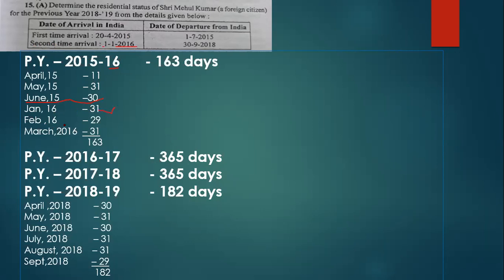Then for February, be very careful that 2016 is a leap year. You all are aware about leap year, that in a leap year February has 29 days instead of 28 days. And how can we decide whether this year is a leap year or not?